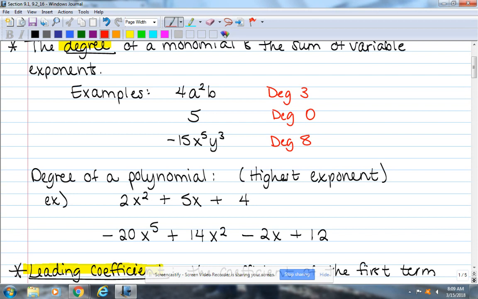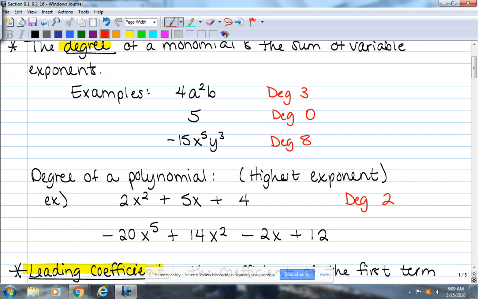So this monomial is x squared, right? It's a degree 2. This one has just an x, it's a degree 1. And this one doesn't have any variables, so it's a 0. So what's the biggest one, 2, 1, or 0? 2. So if they're added or subtracted together, the whole polynomial takes on the degree of the highest exponent. So this is a degree 2 polynomial.